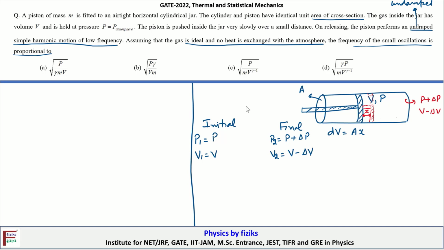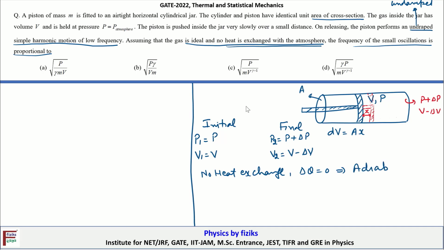It's also given that the gas is ideal and no heat is exchanged with the atmosphere. Because no heat exchange is taking place, delta Q is equal to 0, so the process is adiabatic.